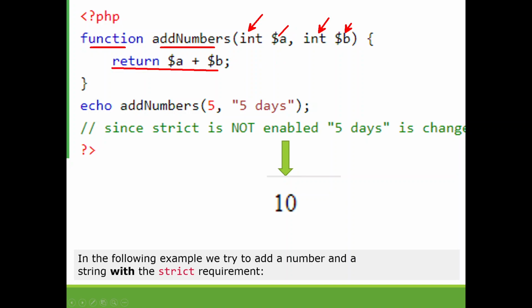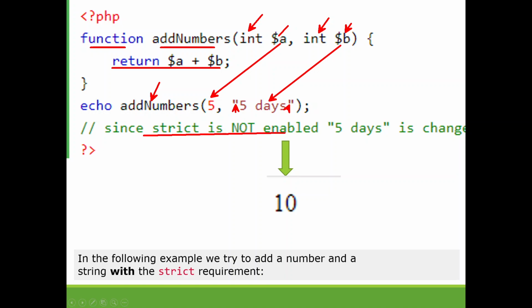Then we want this function to return a plus b. So when we call this function, we are saying echo, then we are calling add numbers, then we pass it a 5, which is going to be stored here. Then we are passing it a string. You see, this is the string because it's inside double quotes. So we are passing it 5 days.